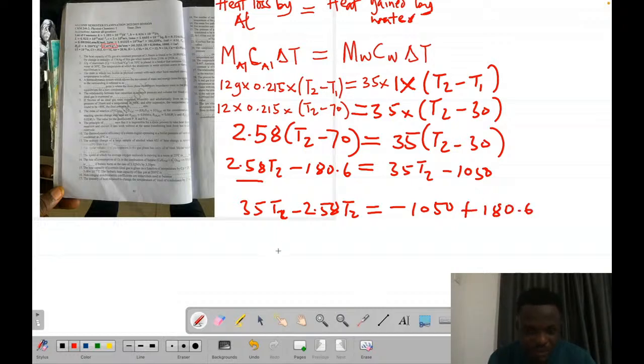If you do this, 35, since they are the same, you collect like terms. So 35 minus 2.58 becomes 32.42 T2 equals, this is minus.